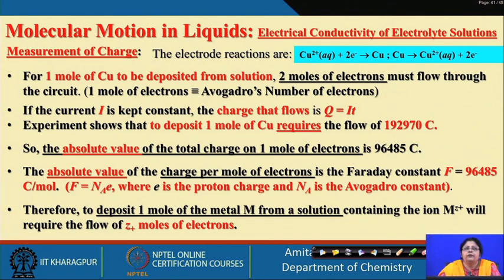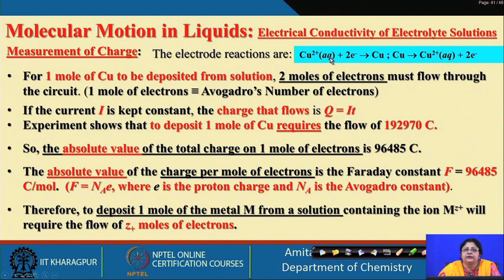So, for measurement, we have an electrolysis cell with a typical reaction with 2 copper electrodes and an electrolyte solution of copper sulphate. From this electrode interface reaction, how do we read this? If we want to deposit 1 mole of copper, what do we require? We require 2 moles of electrons that must flow through the circuit.